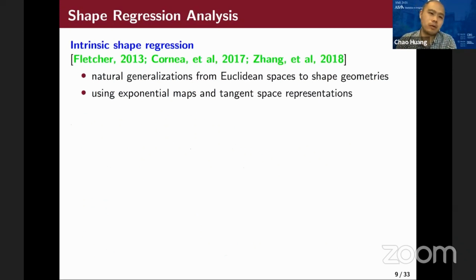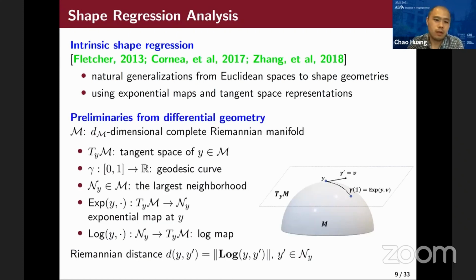The second approach we call intrinsic shape regression, which is a natural generalization of regression models from Euclidean space to shape geometries. Usually we need to use some tools from differential geometry, so here I will quickly go through some basic knowledge. We use M as a d-dimensional complete Riemannian manifold, and T_Y M is the tangent space at a specific point Y on this manifold.